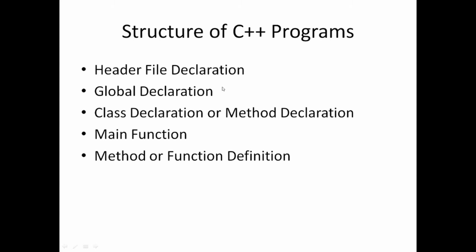Suppose you want to declare any variable globally, or you want to prototype, that is pre-declare, the functions, then you have to declare them here. Then the class declaration or method declaration: if you want to declare a class or method, you declare it here. Then the main function, and the method or function definitions will come after the main function. This is the small structure of C++. Everywhere you will see this structure in detail.